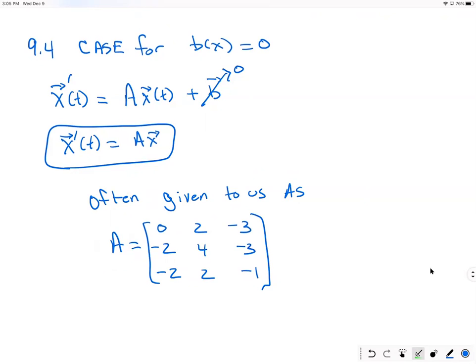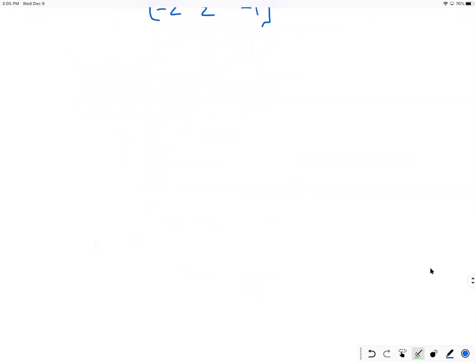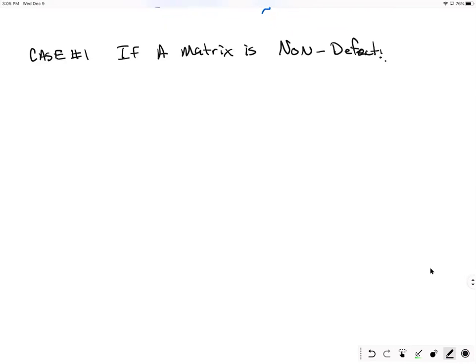So what happens is there's some cases that we run into that we need to think about and worry about. And the first case is case 1. If our A matrix is non-defective.